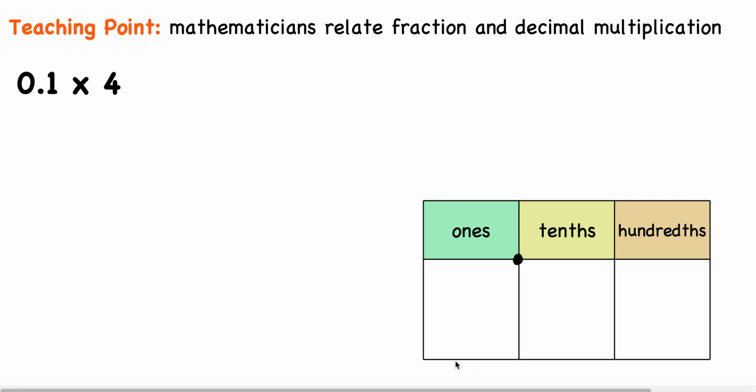So say I want to do 0.1 times 4. And we know this 0.1 is also called 1/10 because the 1 is in the tenths place. So one way I can think of this is just doing 0.1 with repeated addition, 0.1 4 times.